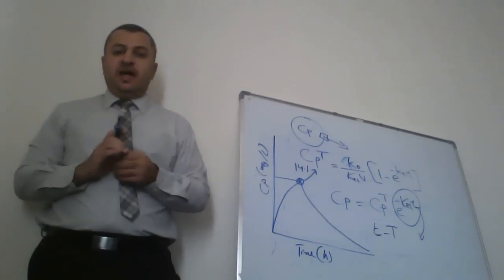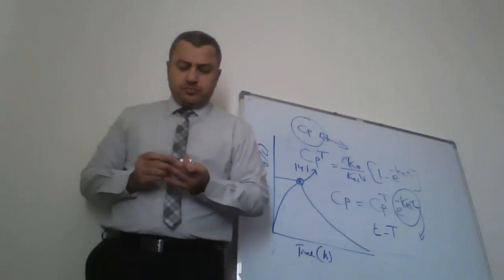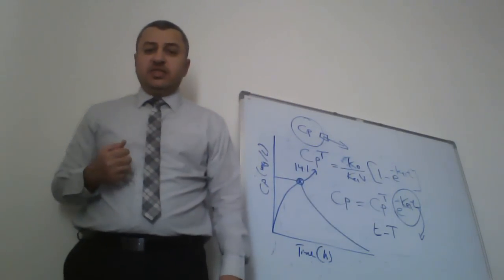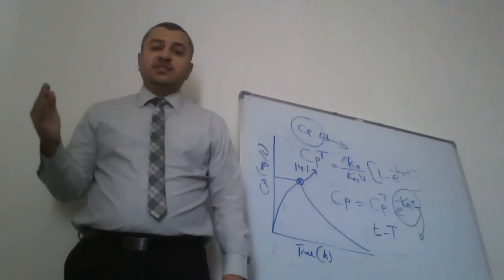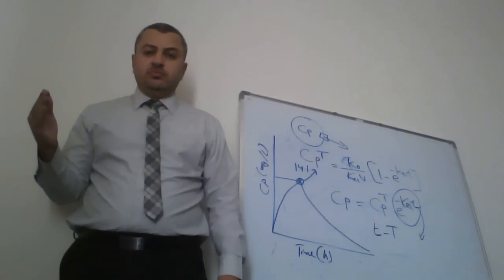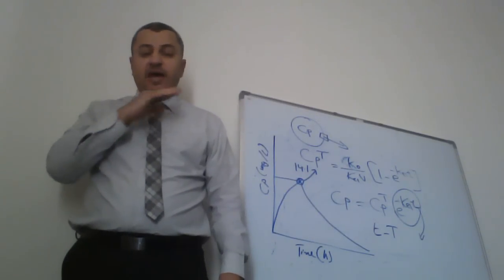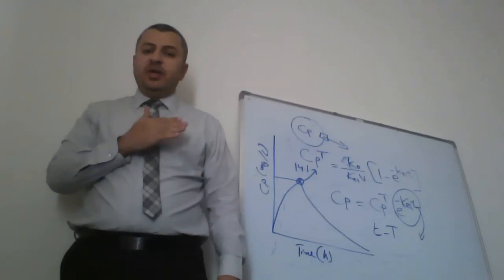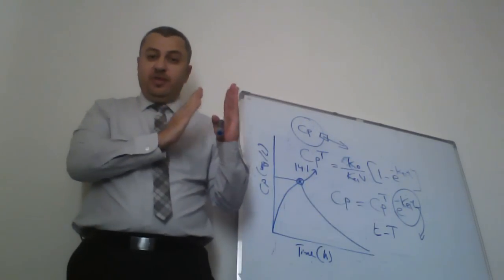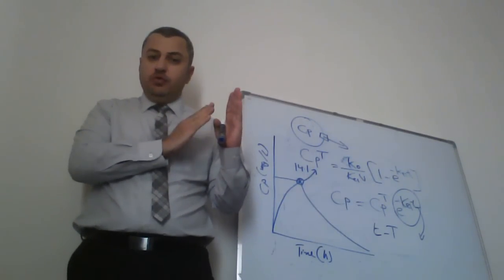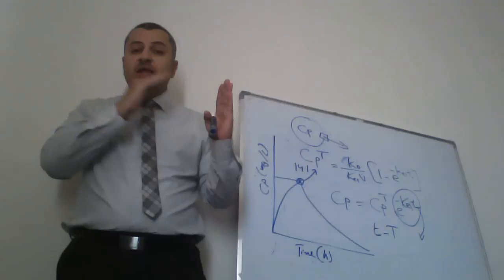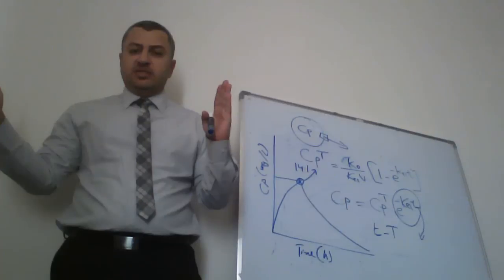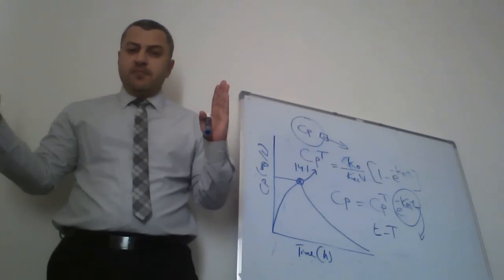So for example, I'll give you an example. Let's say my infusion, as in this example, lasted for half an hour. And then I stopped. Now from the beginning, beginning means beginning of infusion, a time of 4.5 hours has passed.